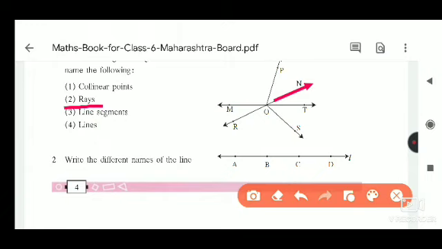The name of a ray we have to write always from the starting point, and the starting point is O, so we read it as ray ON. Afterwards, ray OT. Here you have to write ray OT. If you write ray TS, then it is wrong.